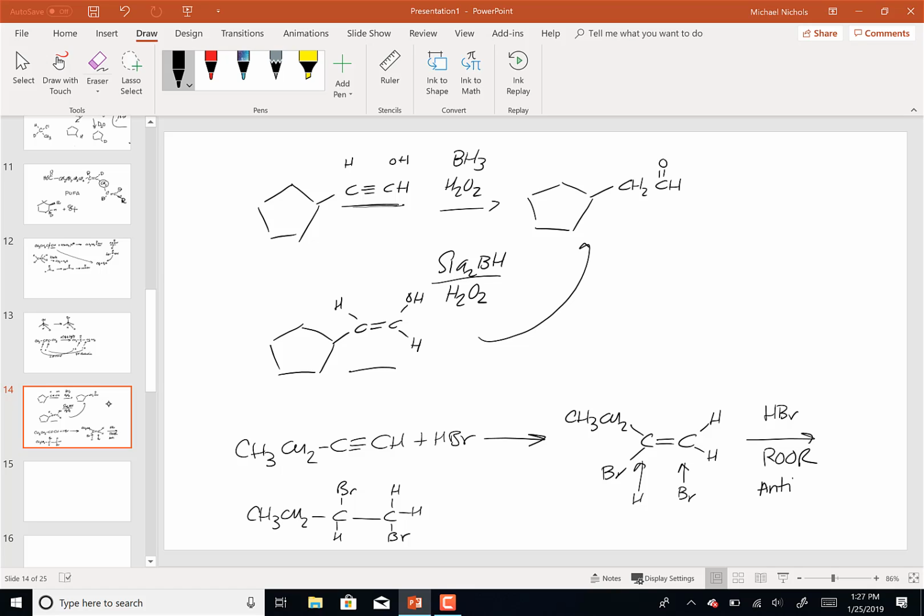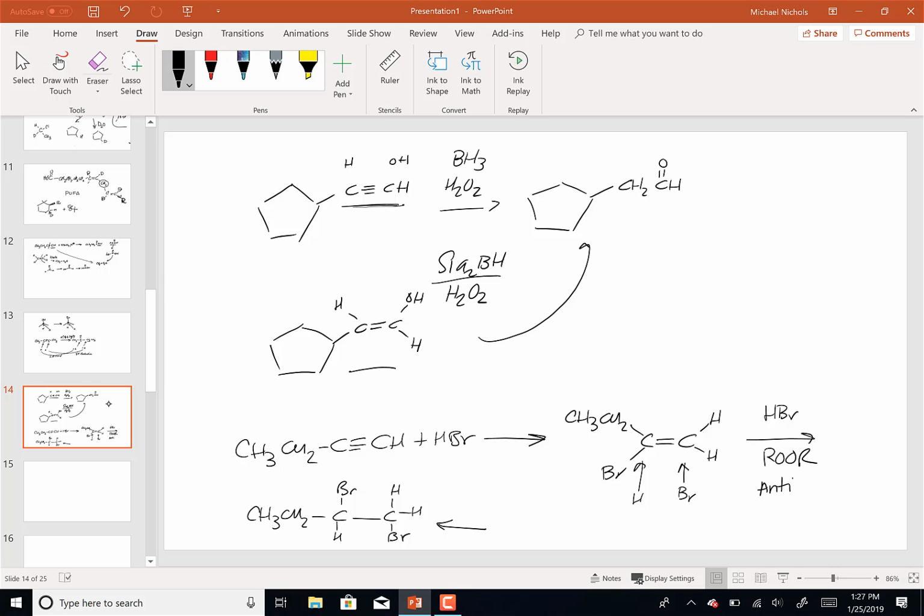So if I break those two steps down and add HBr Markovnikov, then anti-Markovnikov, or vice versa, what kind of dibromide did I make? Well, there's actually no stereochemistry in this reaction.